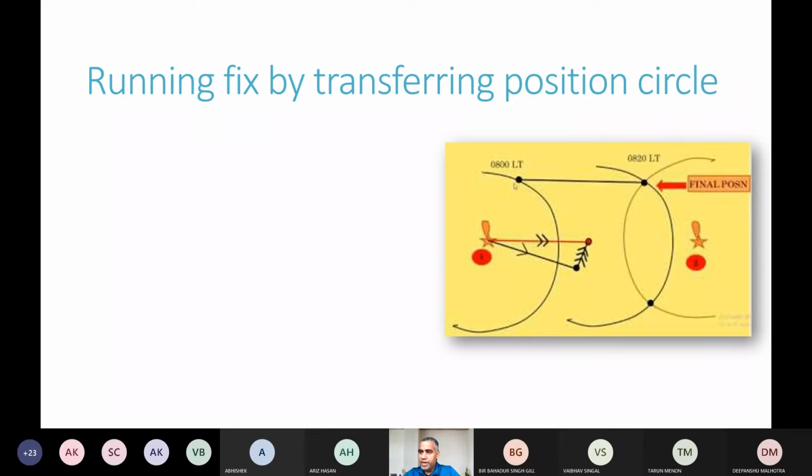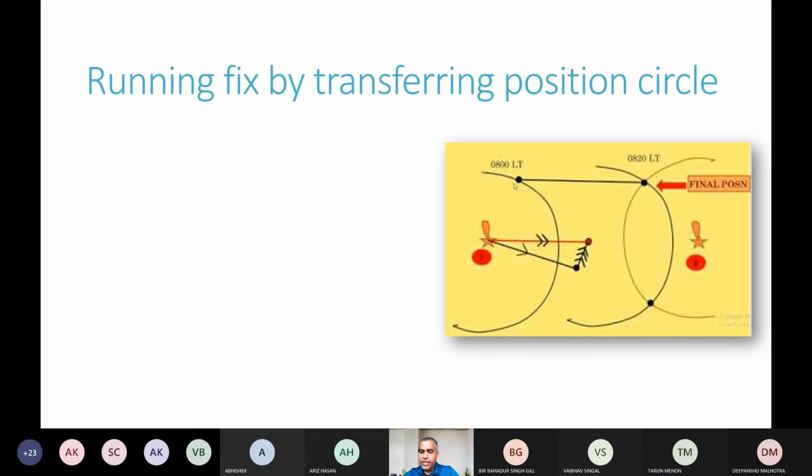December and January batch, I have not done these concepts with you, but we will be doing them eventually as we proceed ahead. So you will come to know how a position circle is obtained. For now, the concept of position circle should be clear in your mind so that we can see this particular topic.